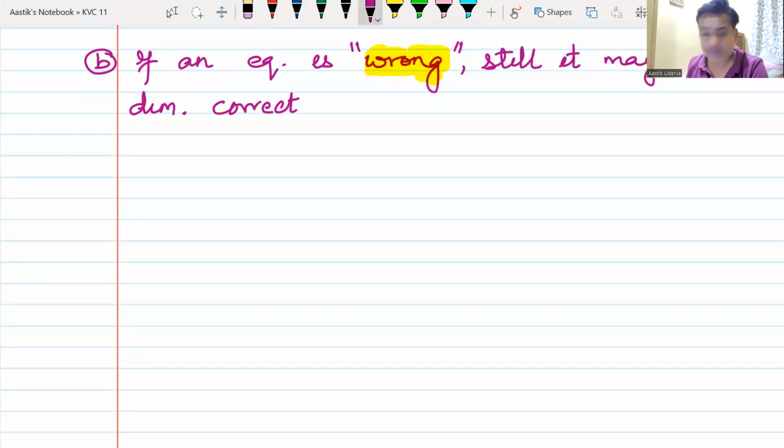Oops. The equation is wrong, but dimensionally it can be correct. Does it make sense?